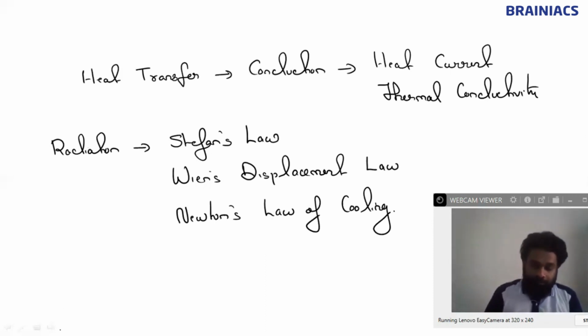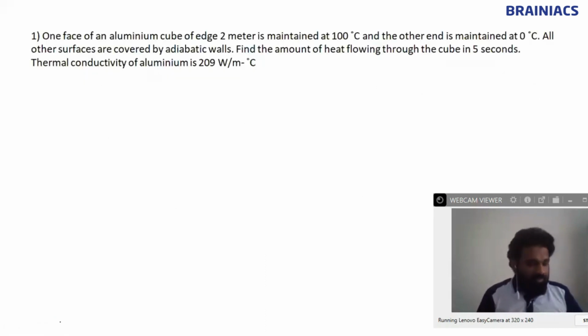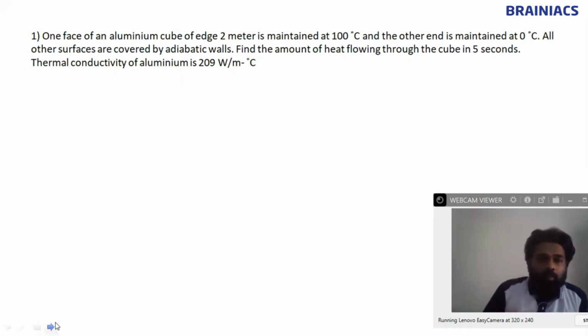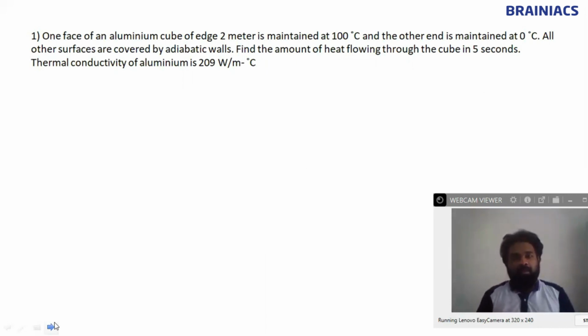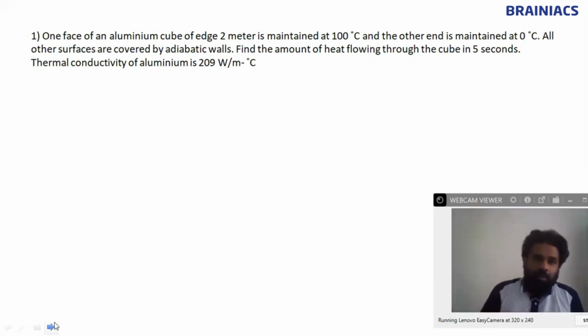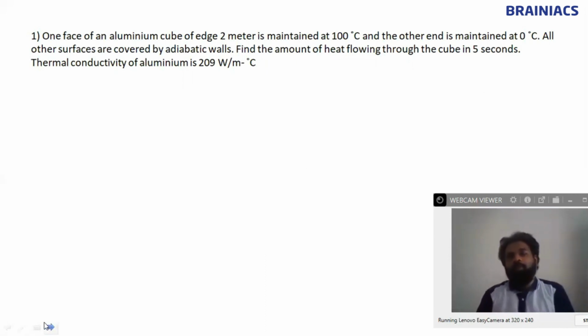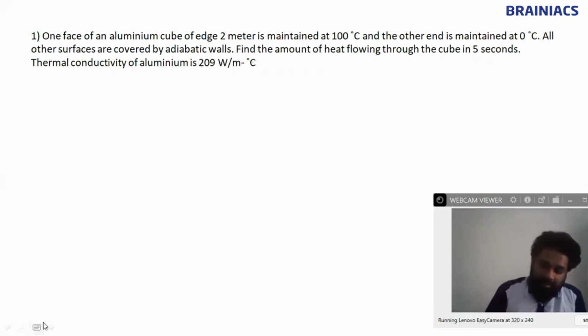So we will start. First question is: one face of an aluminium cube of edge 2 meter is maintained at 100 degrees Celsius and the other face is maintained at 0 degrees Celsius. All other surfaces are covered by adiabatic walls. Find the amount of heat flowing through the cube in 5 seconds. Suppose this is the cube.